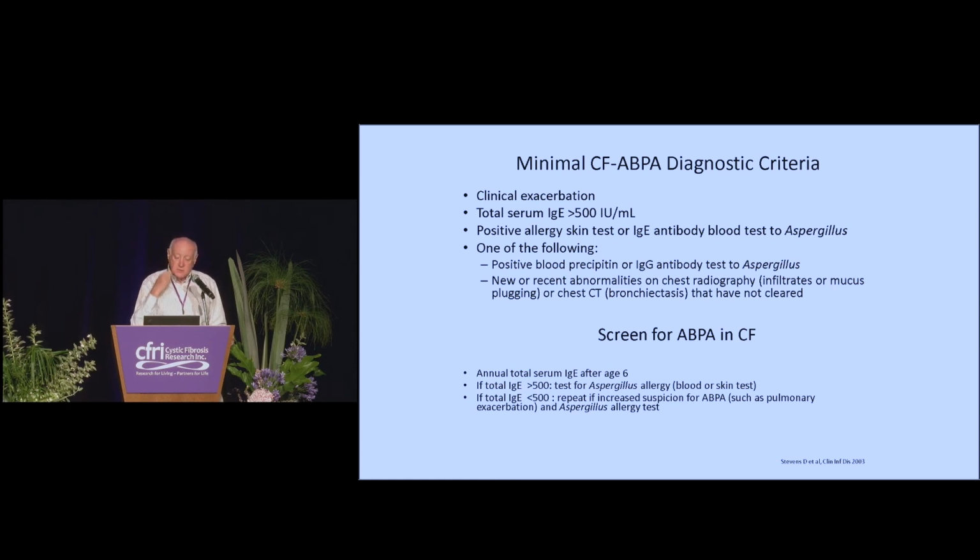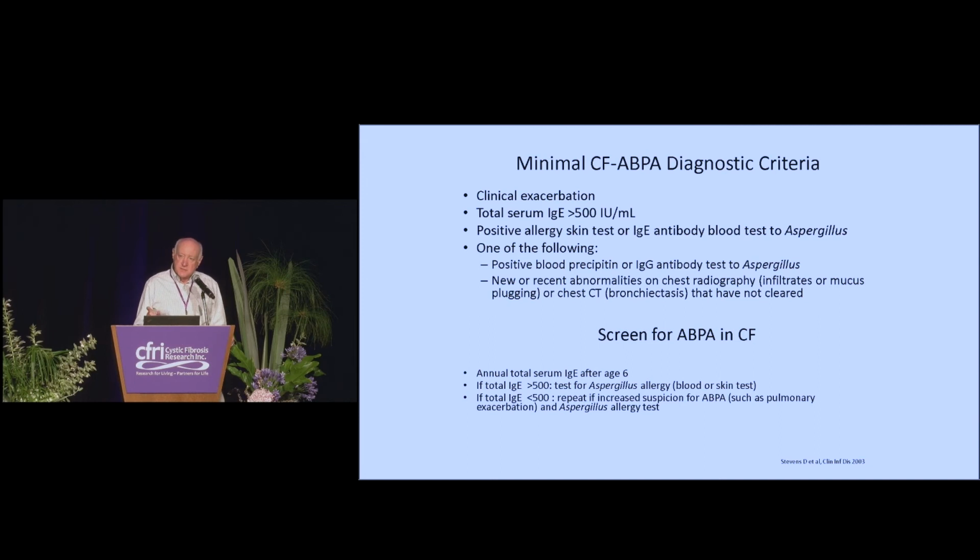The CF Foundation, recognizing this problem, which really became apparent in the 90s, put together a consensus conference which we held back in 2001 and published a paper from that in 2003, which listed the way that we diagnose this in CF patients, which is shown there, basically recognizing it as a cause of a pulmonary exacerbation, and then recognizing the immune response of the body as well as changes that might occur with imaging, either chest X-ray or chest CT.